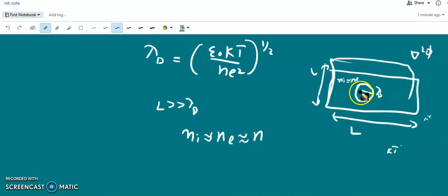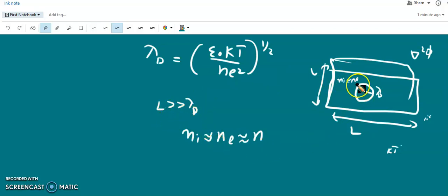But even if we apply an electric field to the plasma, the number density of the ions is approximately equal to the number density of electrons in all regions, except the small Debye sphere. Lambda d is very small compared to the dimension of the plasma.